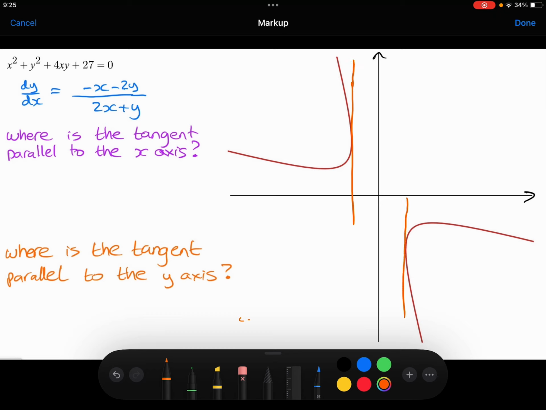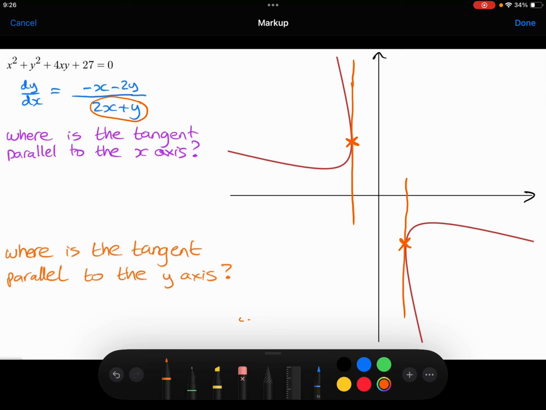Those are the straight lines touching the curve that are parallel to the y-axis. So I'd be looking to work out these coordinates here and here. Well, because those lines are vertical, the gradient is undefined there. Where do we get undefined values? Well, it's where we divide by 0, where our denominator is equal to 0.